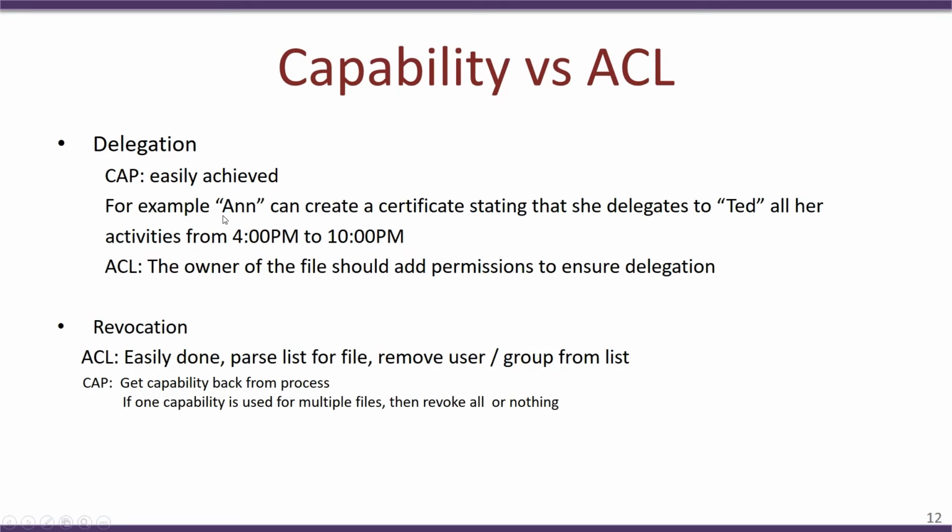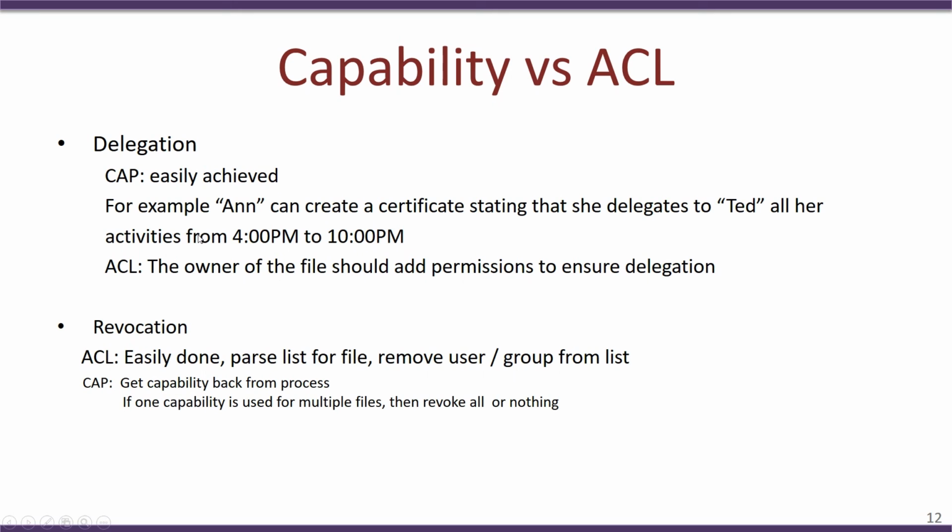So for example, she wants to delegate all her jobs to Ted from 4 p.m. to 10 p.m. So what she does is that she can create a certificate stating that she delegates all her jobs to Ted. Therefore, from 4 p.m. to 10 p.m., Ted has complete access of all her capabilities. So what is required is Ted having just this particular ticket, which gives him right to all of Anne's files.